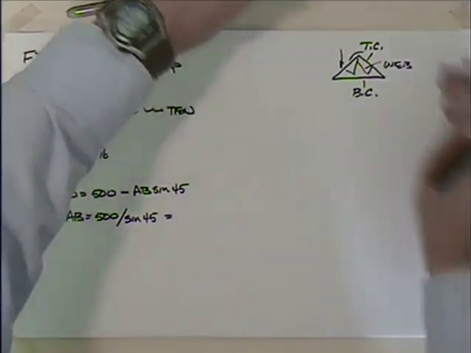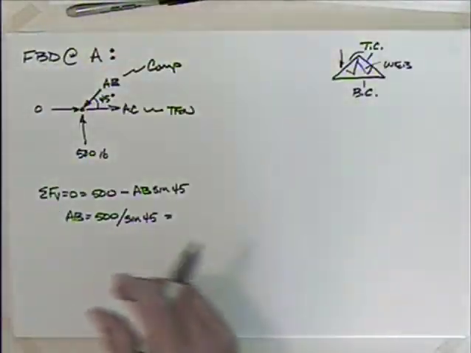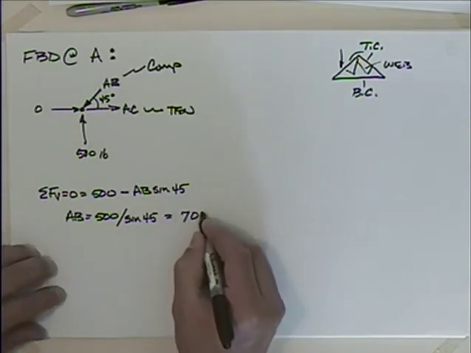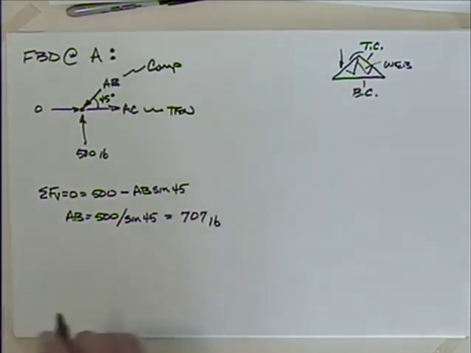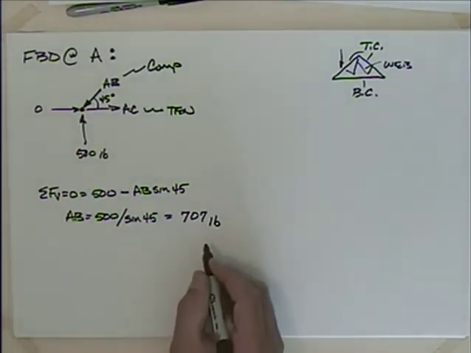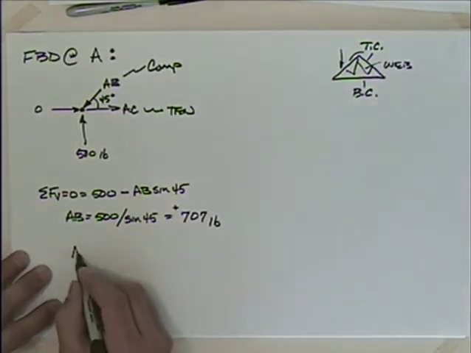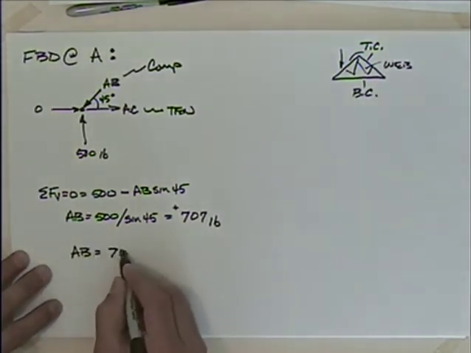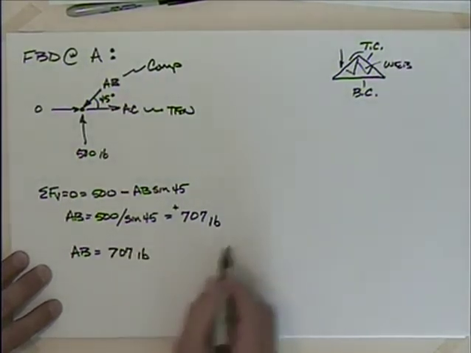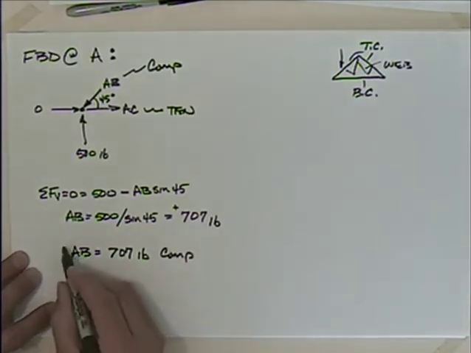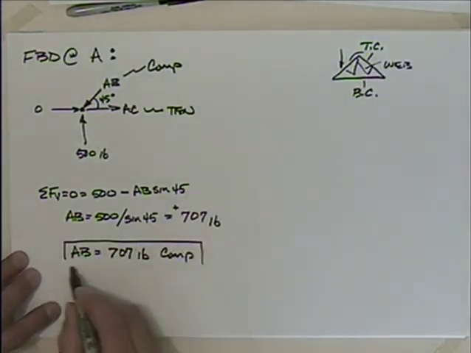Okay, and I've got a number here that should be, what, 707? Double check that. Yeah, 707 pounds. Now I got a positive on this, so what can I say about AB? I could say that AB is equal to 707 pounds, and since it's positive, it is compression. Okay, and that is a proper answer.